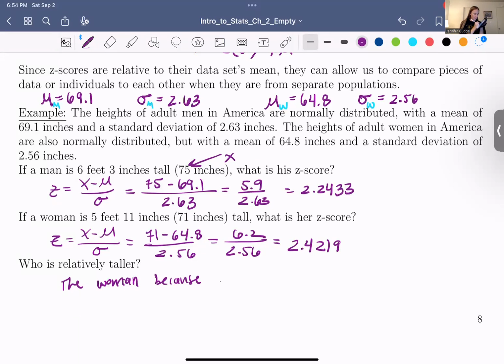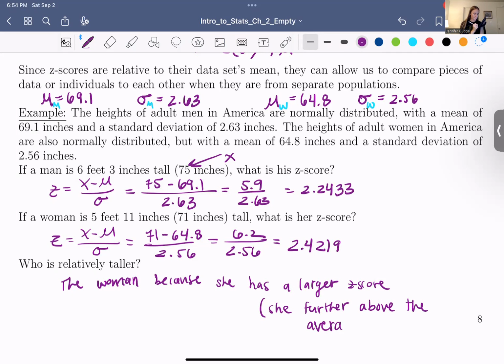The woman has a larger z-score, and I'm going to specify that that means she's further above the average, which is a 0 z-score.